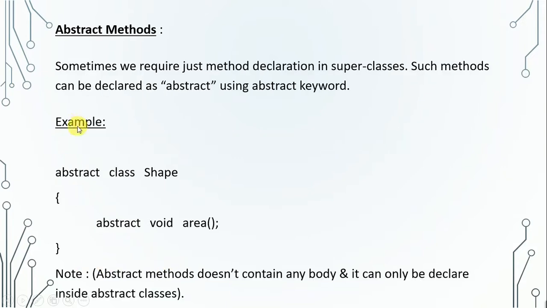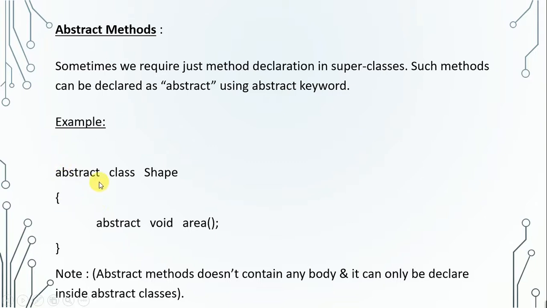Second is abstract methods. Sometimes we require just the method declaration in superclasses. Such methods can be declared as abstract using the abstract keyword. We just write the method declaration, which means we do not write the logic or code within that method, we just write the method name, as seen in the example.